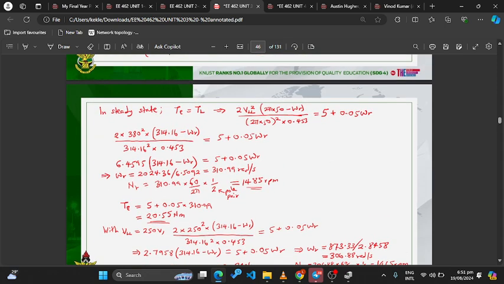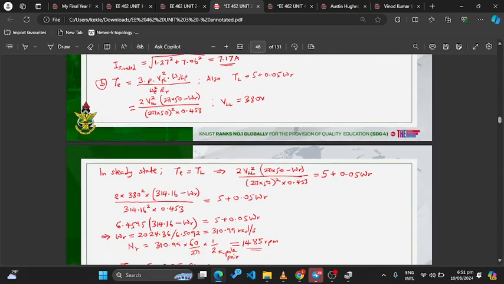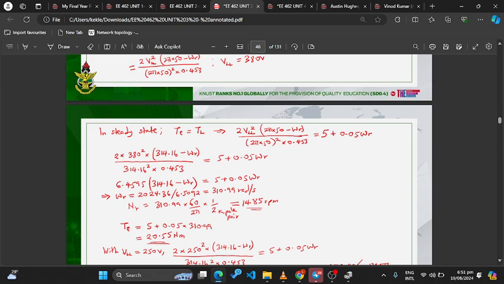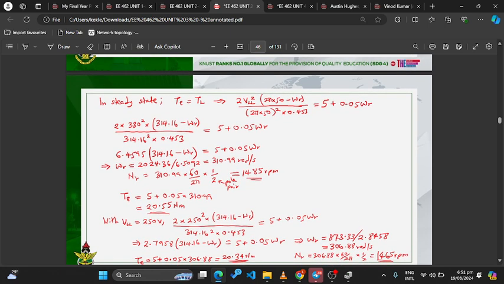What did they get? Okay, so let's convert ours to RPM so that we can compare.